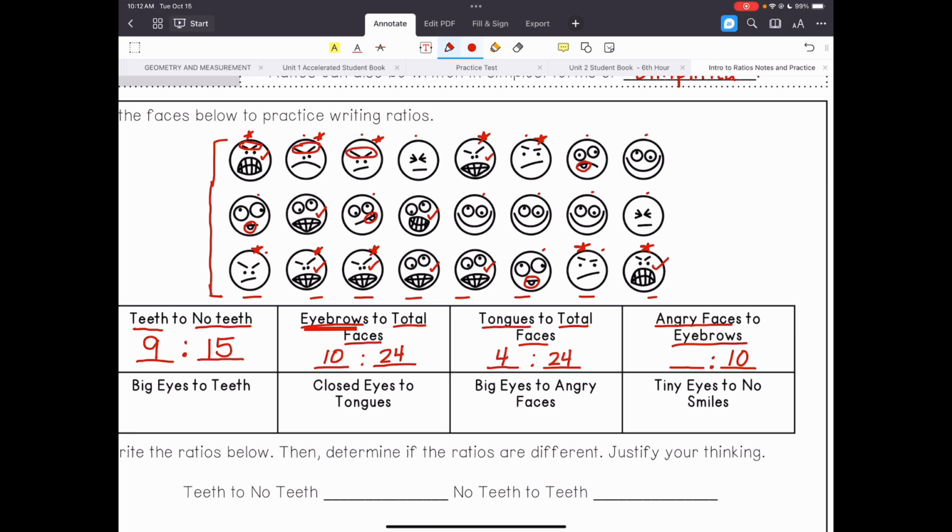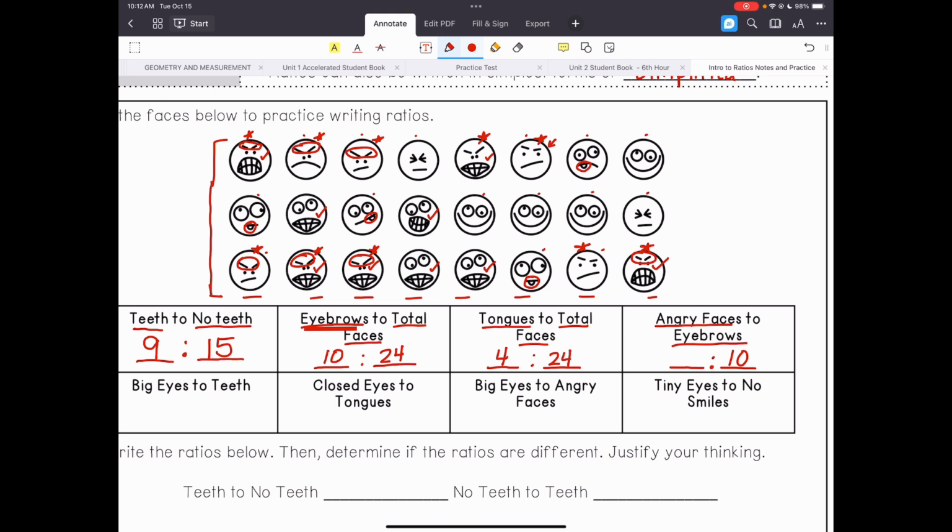This guy, I don't think he looks confused. I don't think he looks angry. I think he looks confused. So we're not going to count him. So 3, and then 4, 5, 6, and 7. So I would say that there are 7 that have those angry eyebrows.